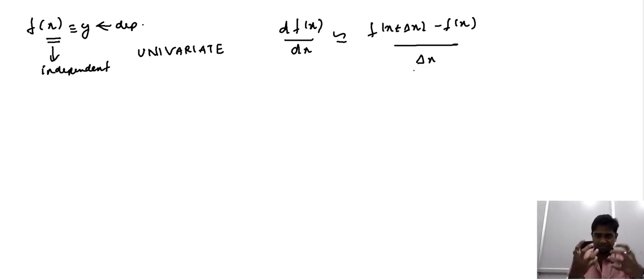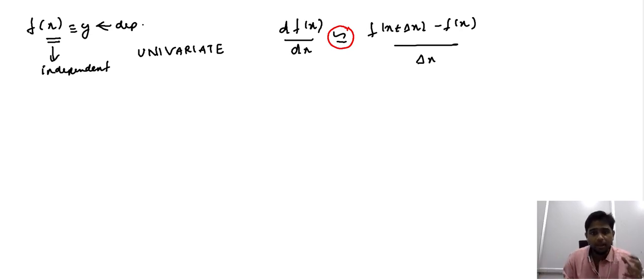By taking the ratio of how the change influences the function and how much the change is, we were able to arrive at an expression for the derivative. And since this expression is based on the definition of the derivative alone, we have introduced this approximation sign here. This is not an equal sign, because we arrived at this expression just by considering the definition of the derivative.